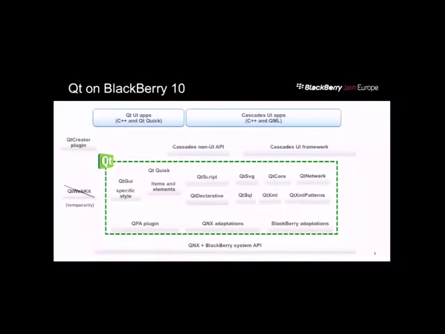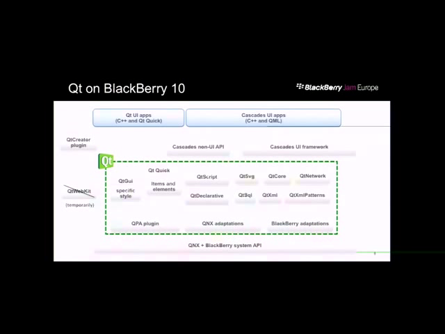Why do we talk about this difference? This is a small story also about Cascades itself. The Cascades UI framework development was started before quite some things had been added and developed in Qt. Qt 5 is actually a version of Qt which addresses a lot of needs and requirements from mobile and embedded platforms.